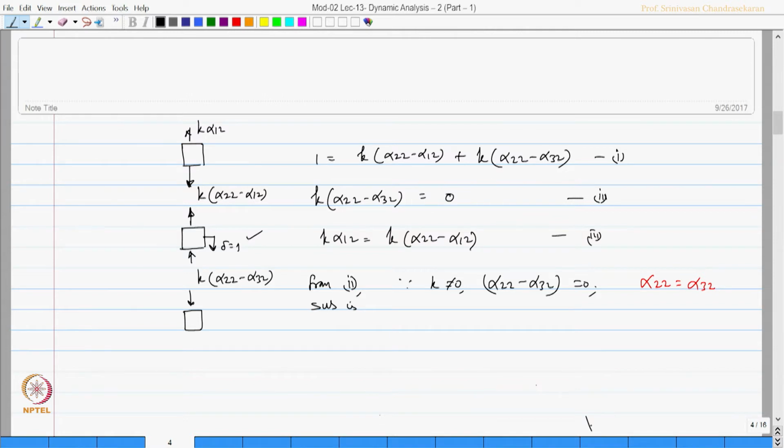In 1, we say that alpha 2 2 minus alpha 1 2 is actually equal to 1 by k. So, substituting this in 3, alpha 1 2 is actually equal to 1 by k.